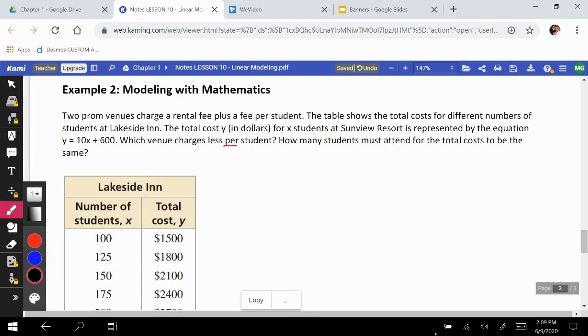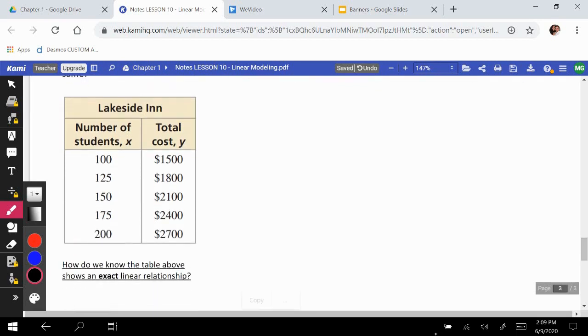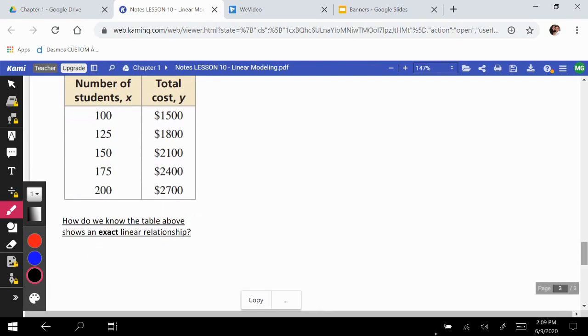So let's go ahead and start out just by taking a look at this chart for Lakeside Inn. It says, how do we know that the table above shows an exact linear relationship? Well, if you want to know that there's definitely a linear relationship, you're going to look at the first differences for y's and the first differences for x and make sure that it's consistent.